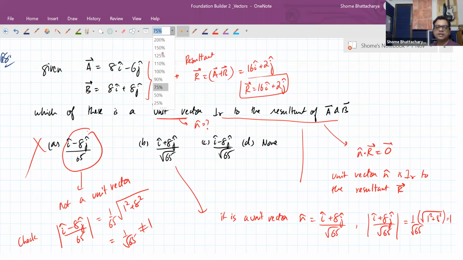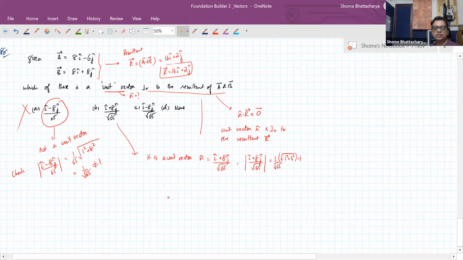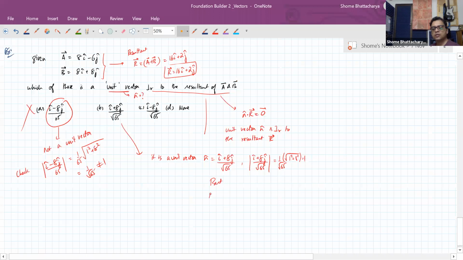But at the same time, if we check n cap dot product with R, we will get 1 by root 65 common, and we have 1 into 16 plus 8 into 2.